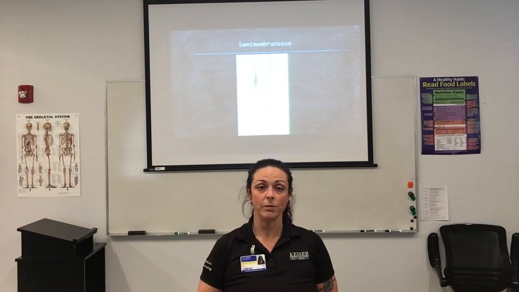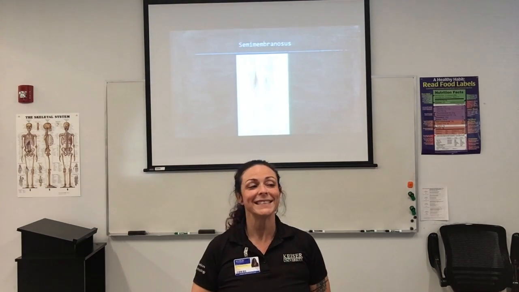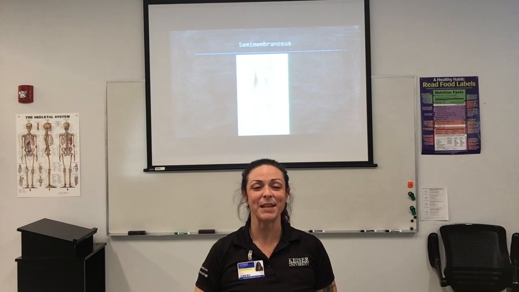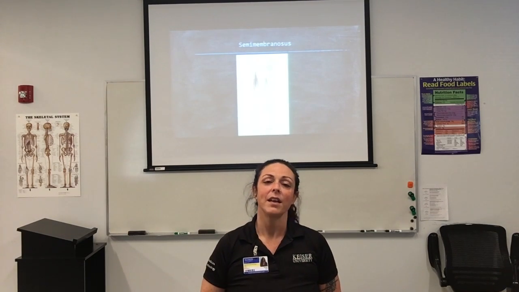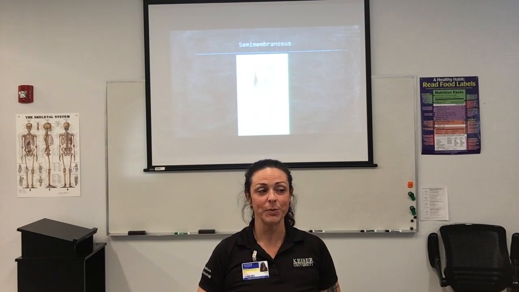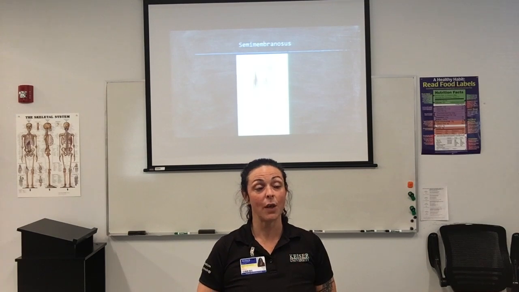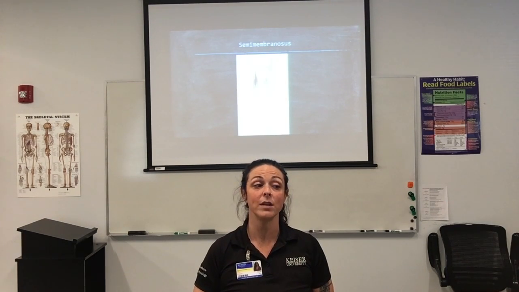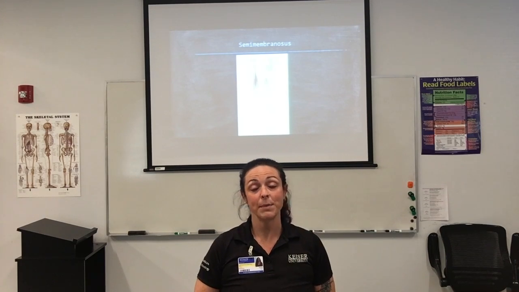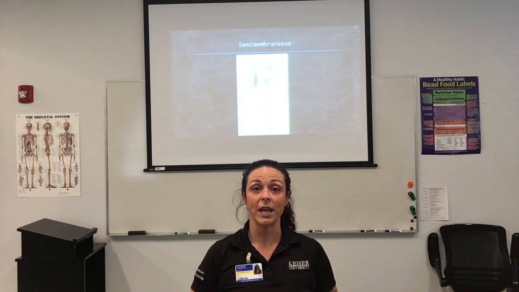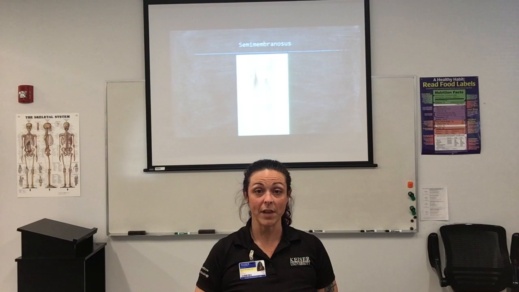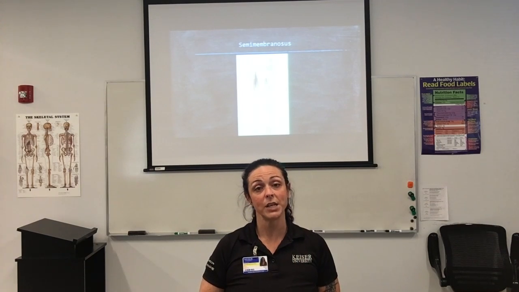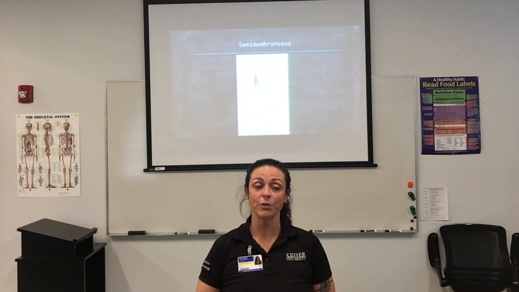The third muscle is the semimembranosus. It also originates on the ischial tuberosity and inserts on the posterior-medial surface of the medial tibial condyle. The semimembranosus is responsible for hip extension, knee flexion, internal rotation of the knee, and internal rotation of the hip.